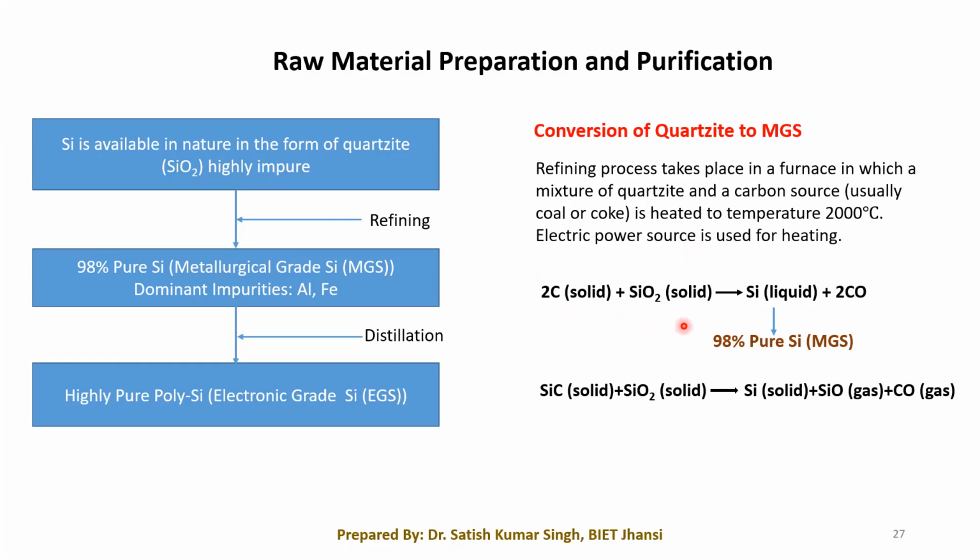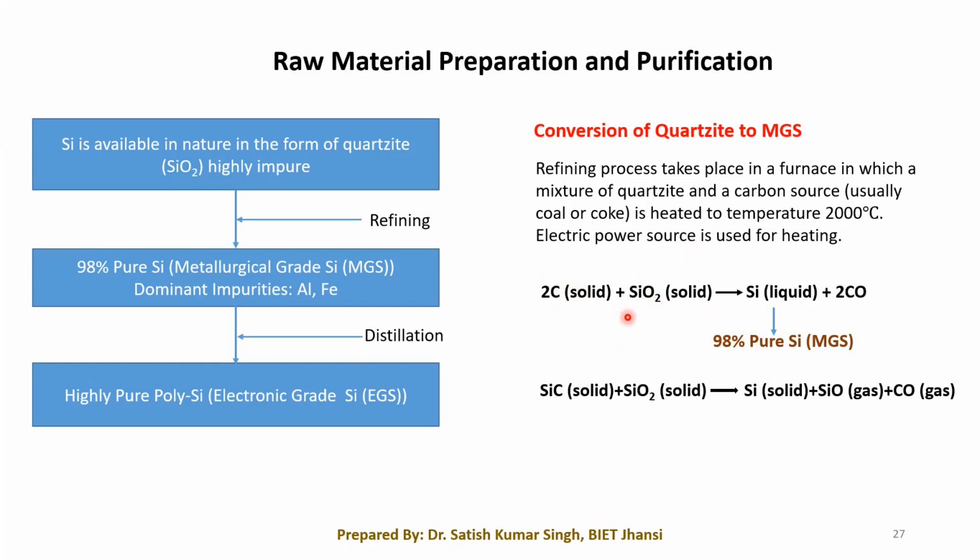So we take a carbon source, any carbon source, and then we mix it with the SiO2. First of all, we take a carbon source and the quartzite and mix them up.